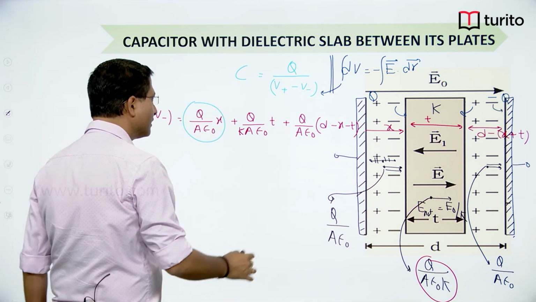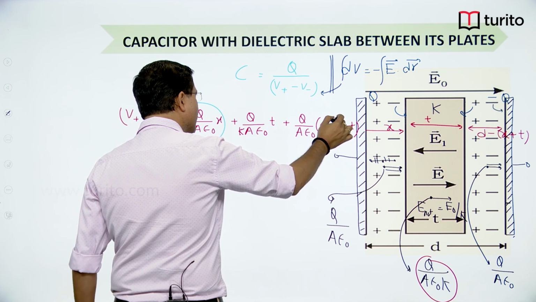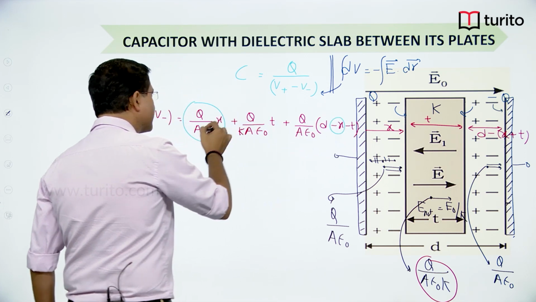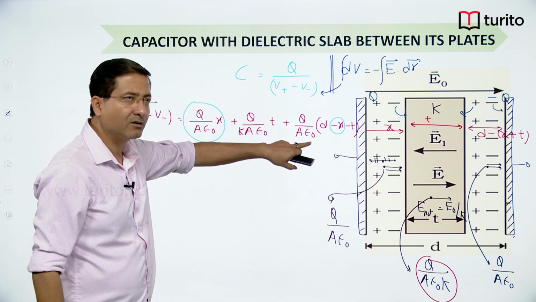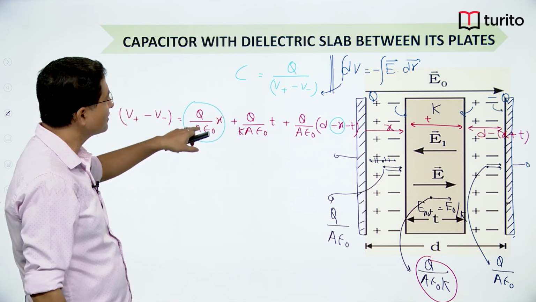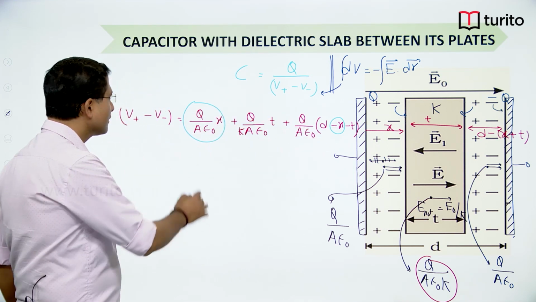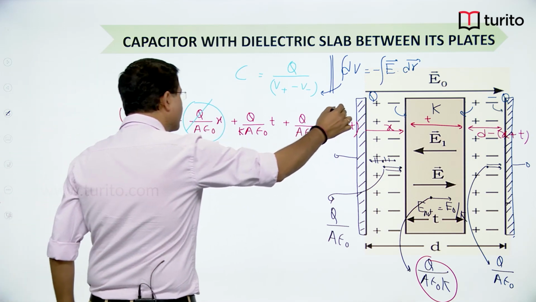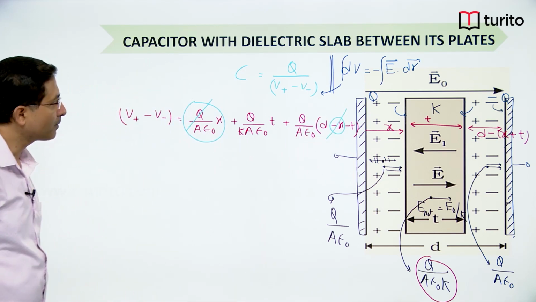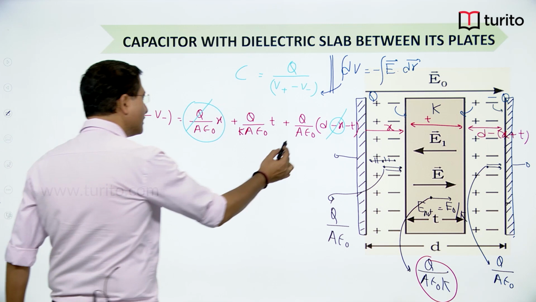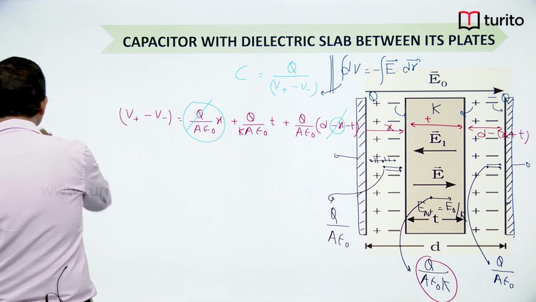This way I can write, and we can see that this term and this one will get cancelled out, because Q upon A epsilon naught outside, when I multiply by minus x, this and this will get cancelled out. So this I can see getting cancelled by this one, and we are left with these two terms.